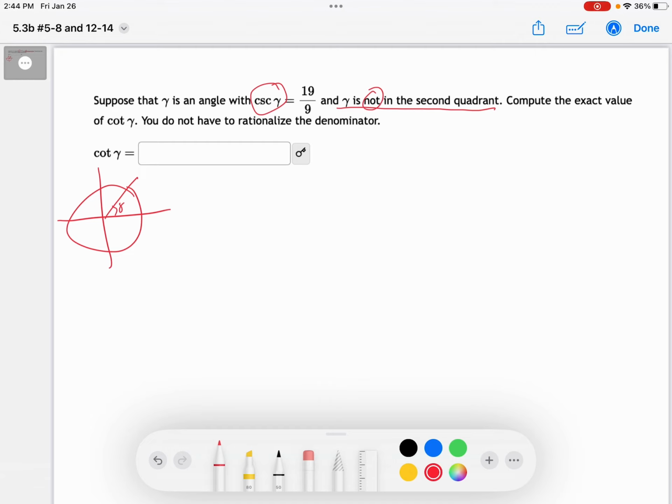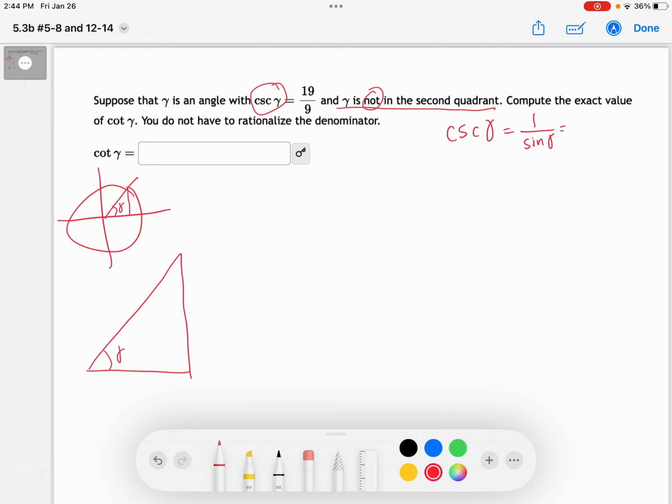And I'm going to draw a little triangle, and I'm going to enlarge that triangle here. Here's my gamma. And it tells me that cosecant of gamma is 19/9. Well, what do I know about cosecant of gamma? Cosecant is 1 over sine of gamma, right?